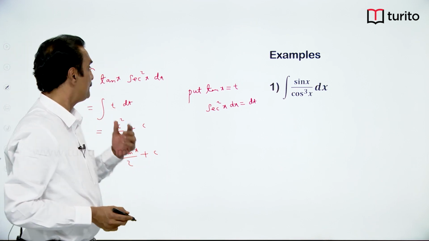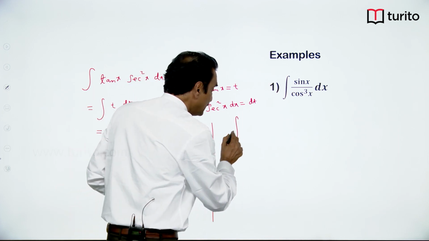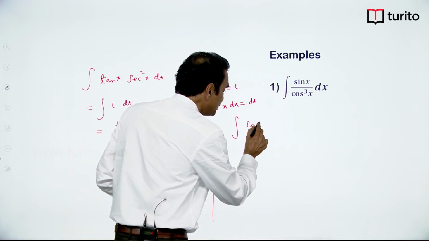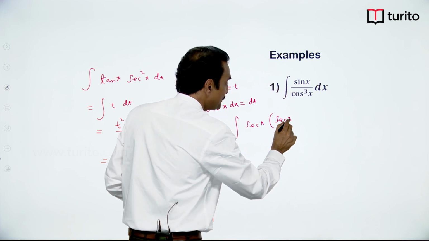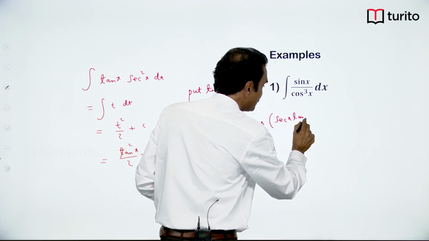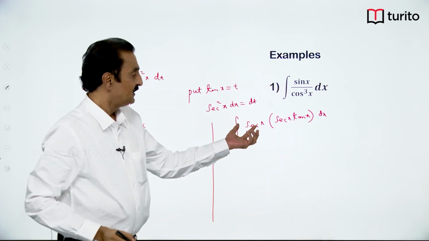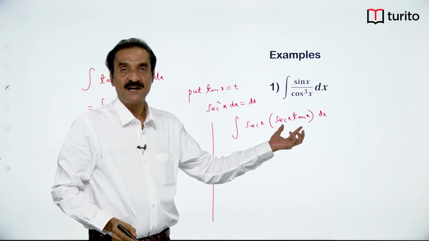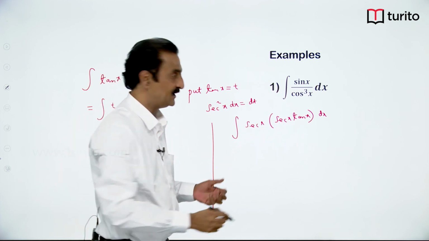We can also write this as secant x into tan x. Then the derivative of secant x is secant x tan x. So we can put secant x is equal to t.